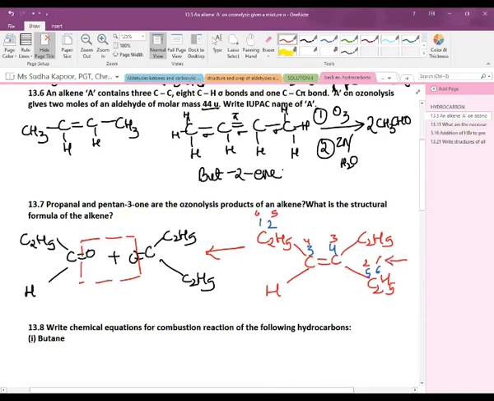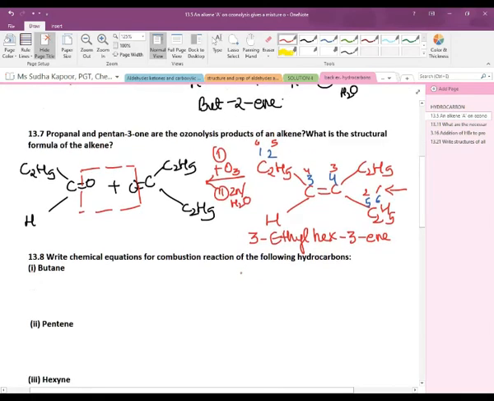So following the lowest number rule, we will name it 3-ethylhex-3-ene, which is going to form the 2 given products, propanal and pentan-3-one, when it is treated with ozonolysis and then zinc and water.